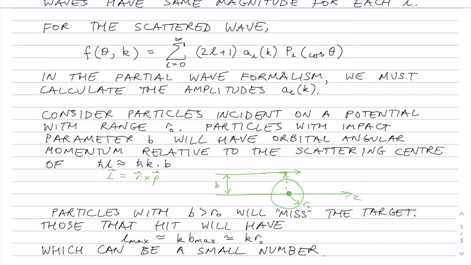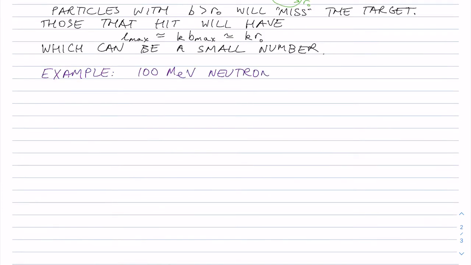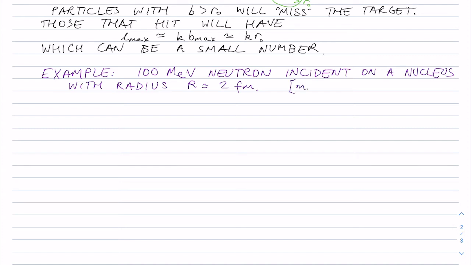Let's do a specific example. So we've got some nucleus with radius of a couple of Fermis, 2 Fermis, let's say, and the incident neutron has an energy of 100 MeV. Remember, the mass of the neutron is of order 940 MeV per c squared, so 100 MeV is still a non-relativistic neutron.